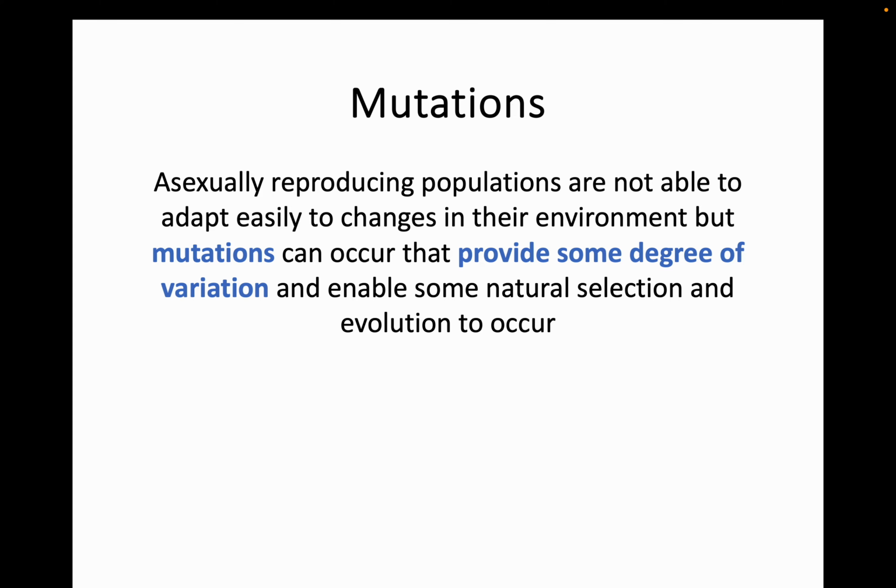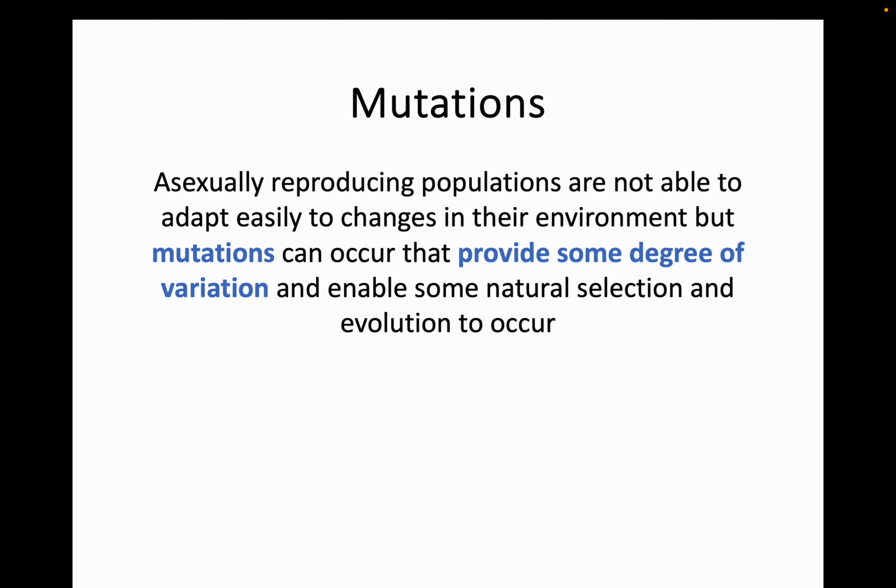Another idea to think about, though, is we do talk about asexually reproducing populations as clones, and we talk about the lack of genetic variation, and that is true. They have very, very little variation, but there can be some. It's important for you to know that in asexual reproduction, in the offspring that are produced, there will be some form of mutations that give some variation, which can allow natural selection and evolution to occur.